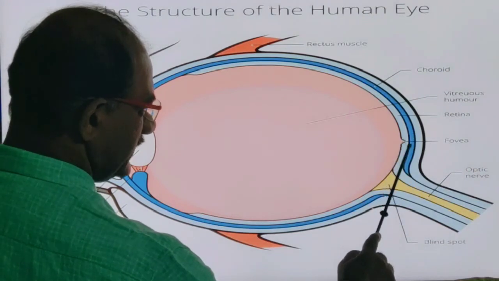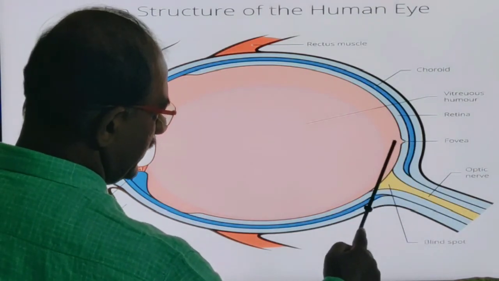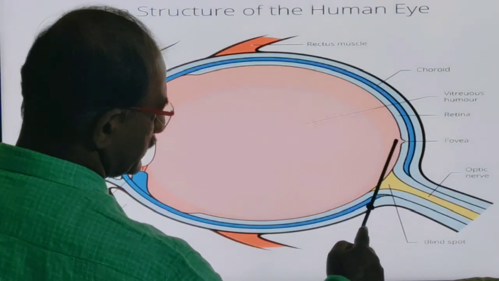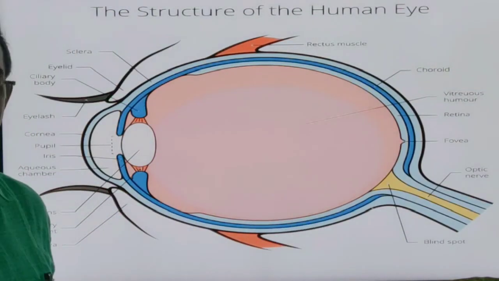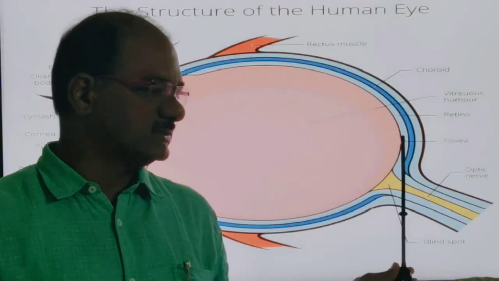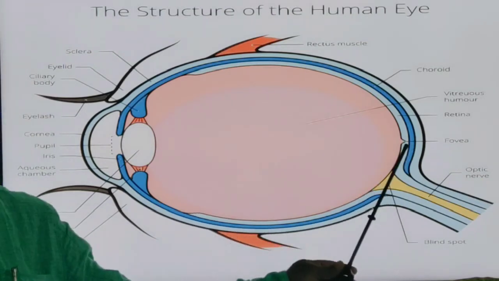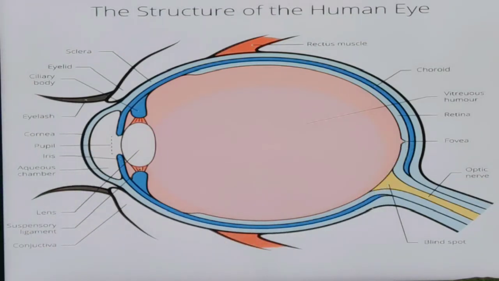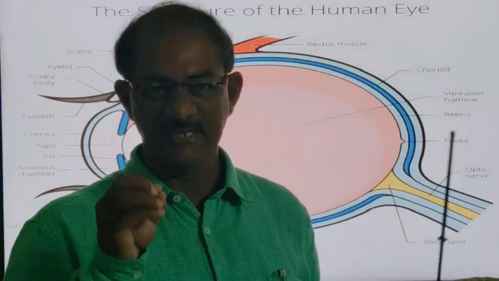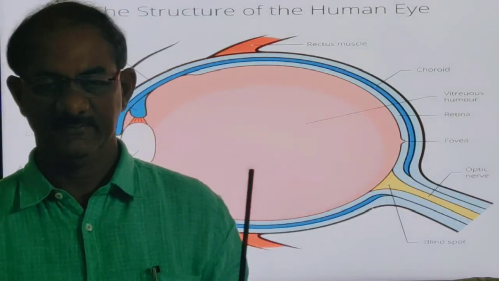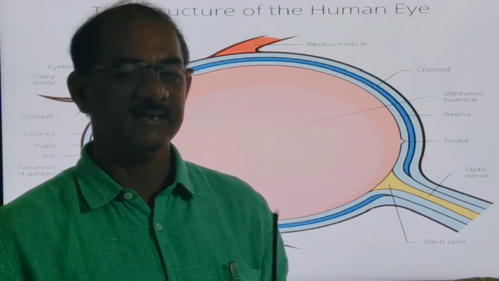Here a somewhat depressed small portion is present, called the yellow spot. This yellow spot consists of xanthophyll yellow pigment, and only cone cells are present in that region. Rods are absent, so it is sensitive to bright light.